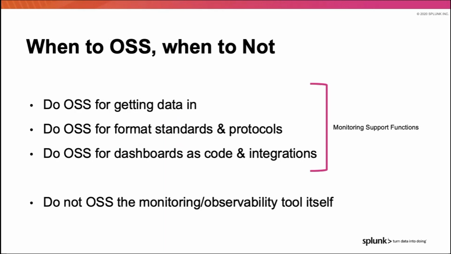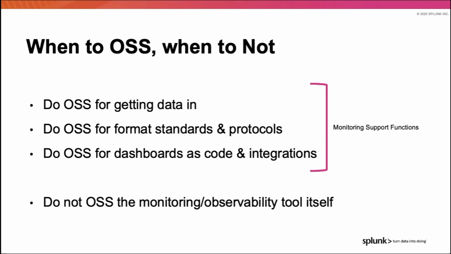Those can all be open source. Some platforms you can even code the configurations of the monitoring and observability platform itself. Those are the monitoring support functions. And we think it's very reasonable to consider open source technology there where you're confident in the backing of the project, the governance around the project, etc.